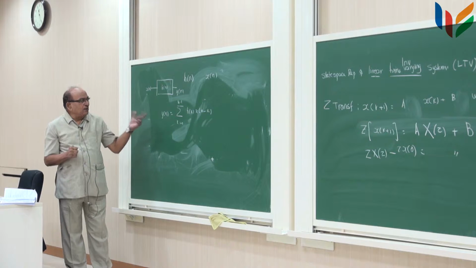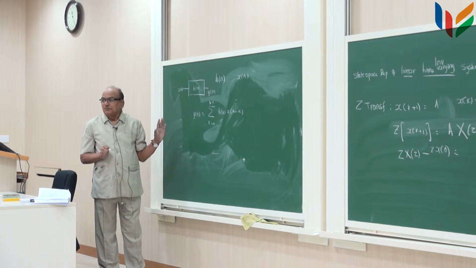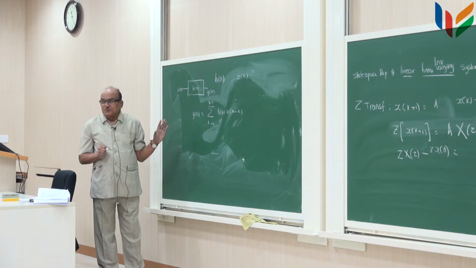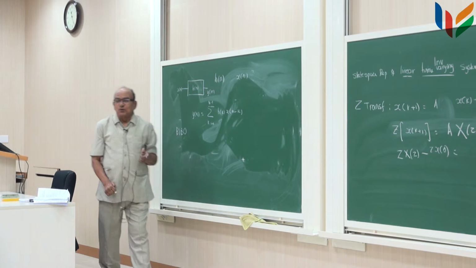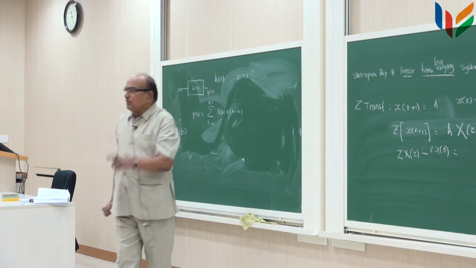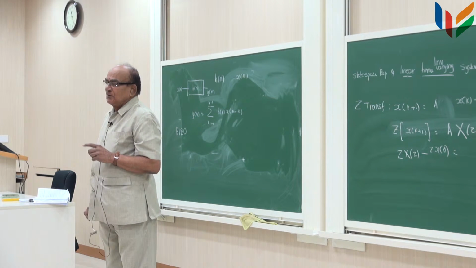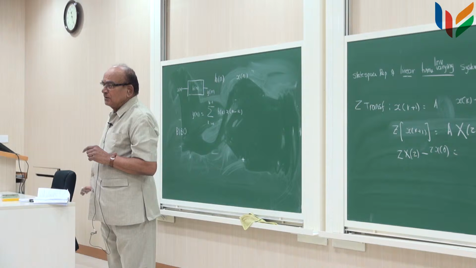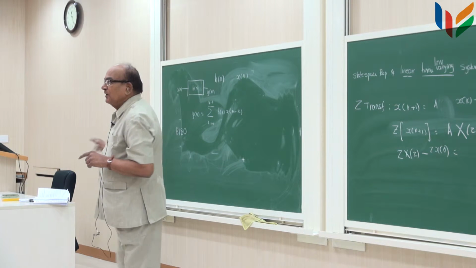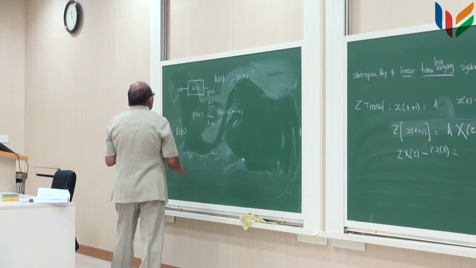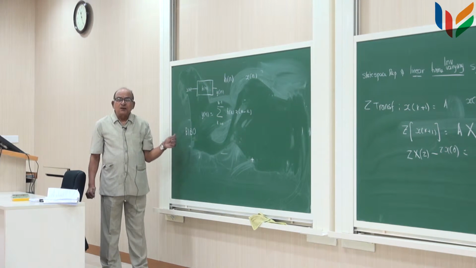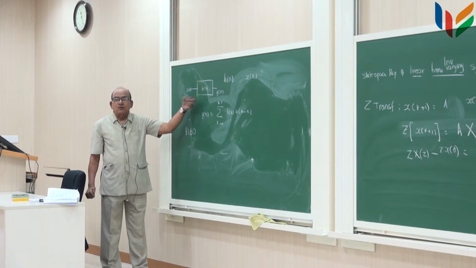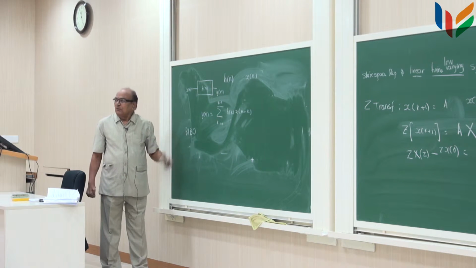Now, when is this system stable? There is one stability criterion which is some kind of a limited stability criterion called BIBO stability, bounded input, bounded output. Not Bebo, it is BIBO. Bounded input, bounded output. So, under what condition will this black box have this property of BIBO?